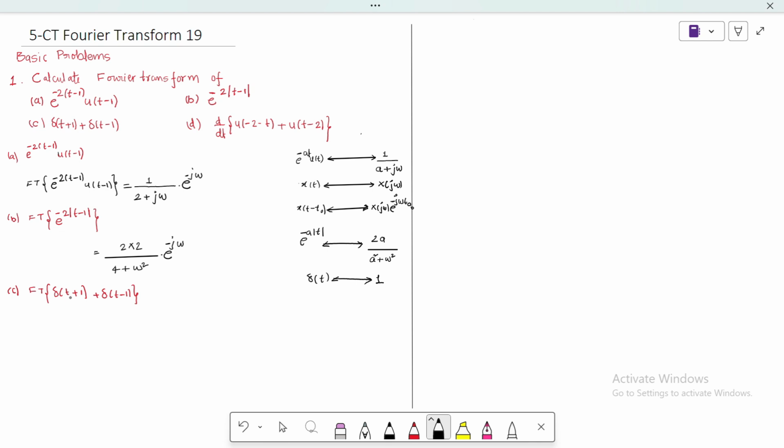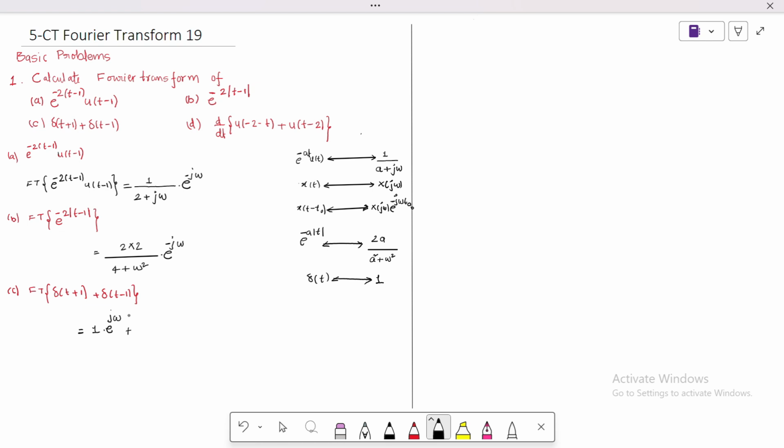Here there is t plus 1 in place of the t, then it is nothing but advanced shifting. For advanced, the exponential must be multiplied, that equals e power plus j omega t naught; plus for advance, minus for delay. Here t naught equals 1.